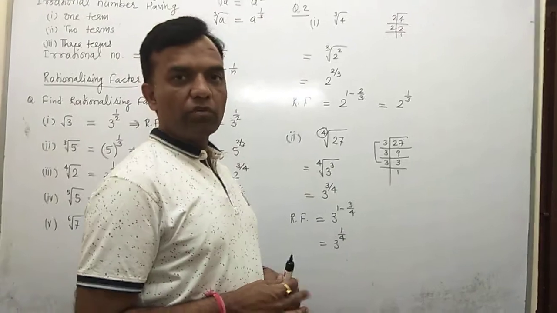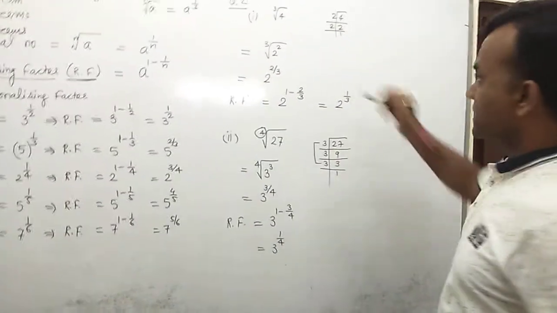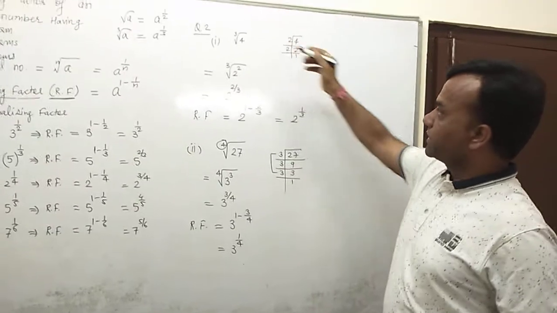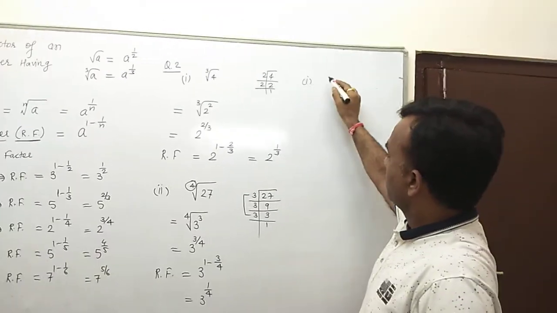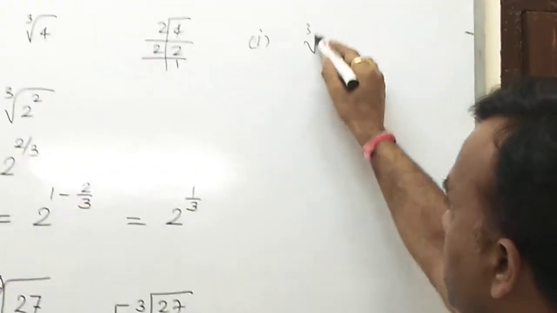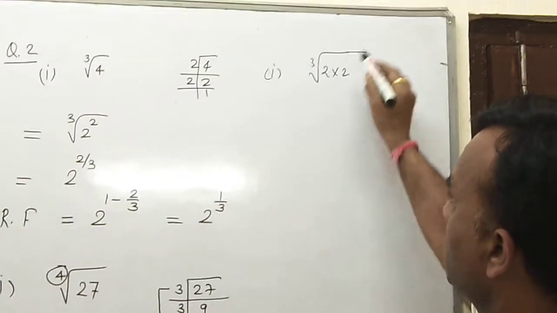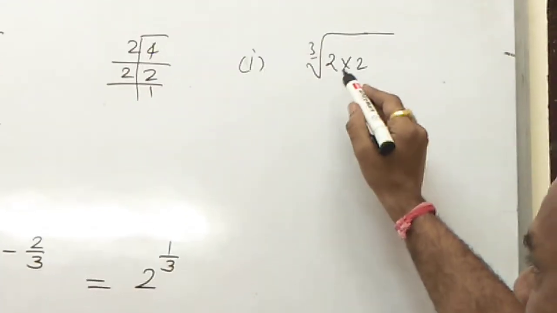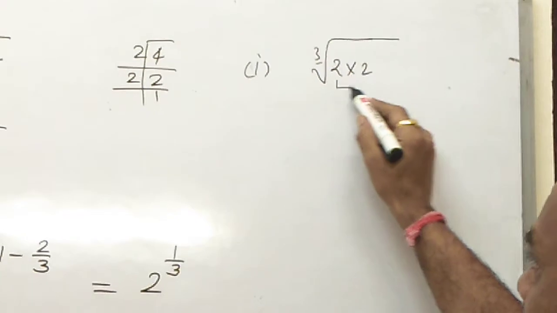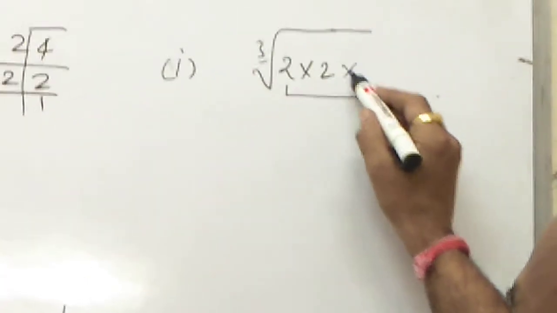Again I explained it without any exponential form. One more example here we put in the same conditions. The same question we have again, where the power is 3 and you have 2 into 2. The power is 3, which means you want 3 numbers inside, and only one number is remaining for 2.